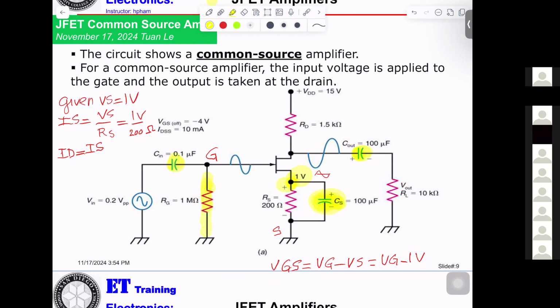So the sine wave will go to the ground, not go to the gate. Oh, when you put the resistor there, that's to prevent the sine wave from going to ground. Right. Okay, got it. So that's why they have to put a big resistance here, so the sine wave can go to the gate.